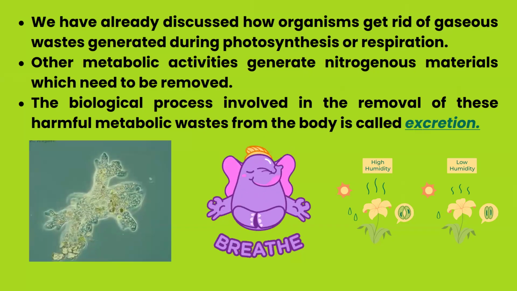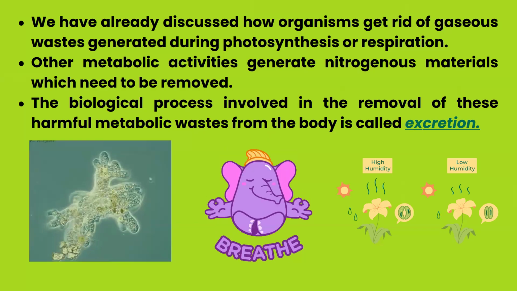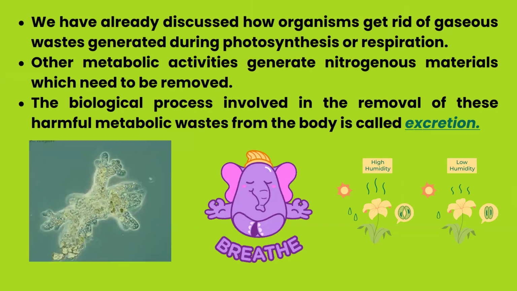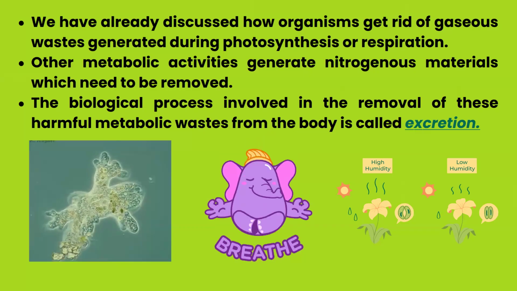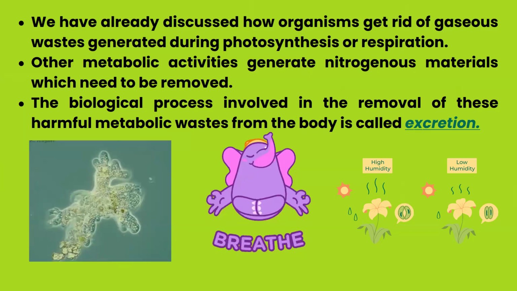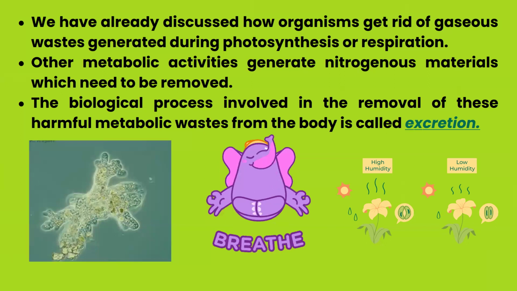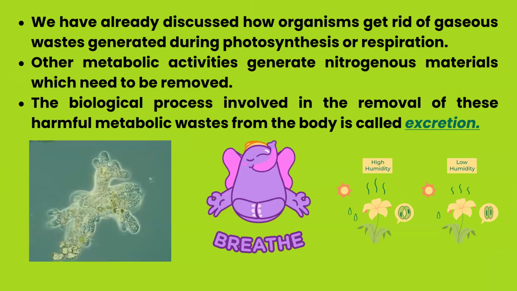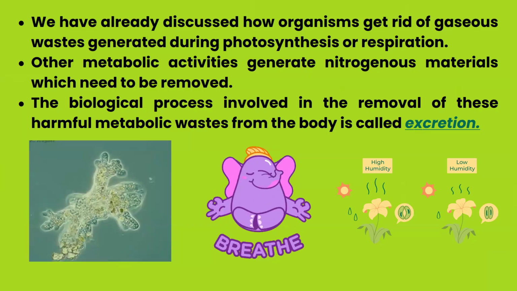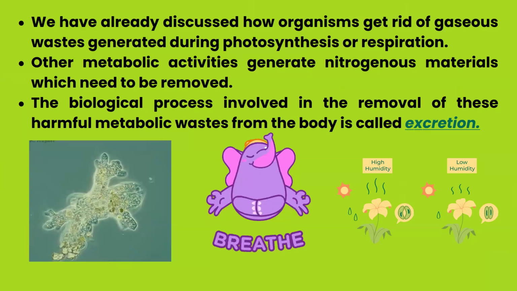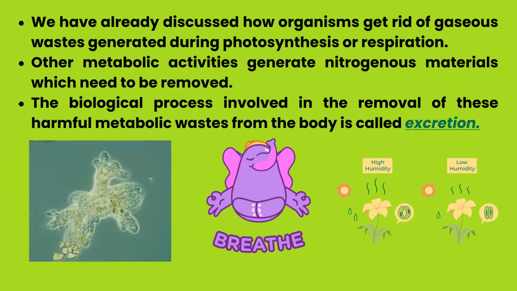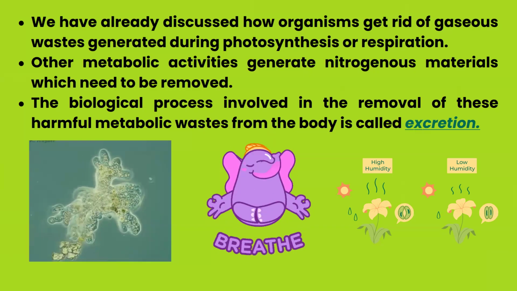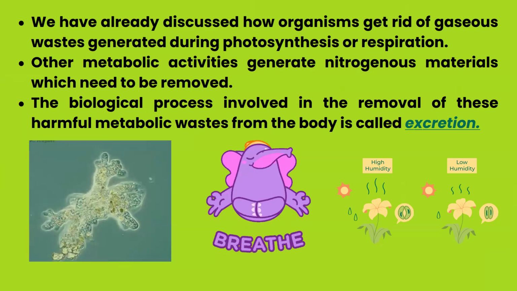Excretion helps in the removal of metabolic waste by filtering the blood, meaning all the nitrogenous metabolic waste present in the blood will undergo filtration, and then we see the process called excretion. But in the human digestive system, we saw that digestion is nothing but the removal of undigested food, the entire solid substances coming out from our body. Here in excretion, filtration of the blood takes place.